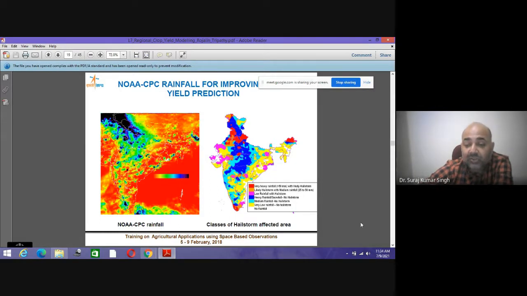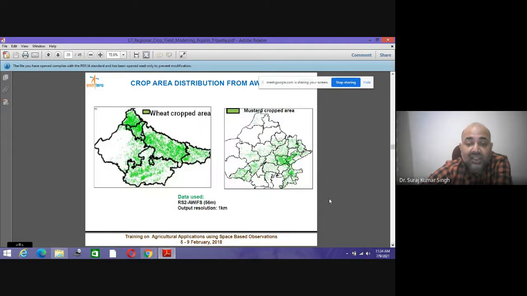So that is the beauty that remote sensing and GIS gives you, where you can identify and see the kind of distribution. Using this green color is the wheat cropped area, and this color is representative of the different cropping of wheat in at least 6 to 7 states. If you go into the field and do such exercises with measurement, it is next to impossible.